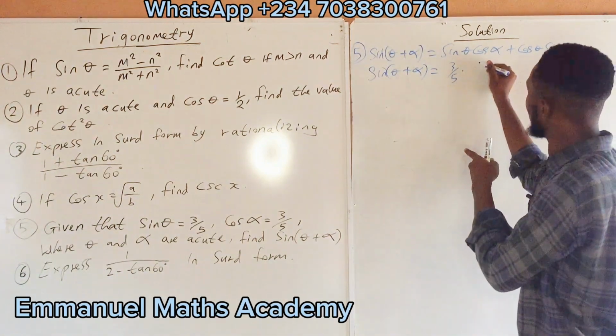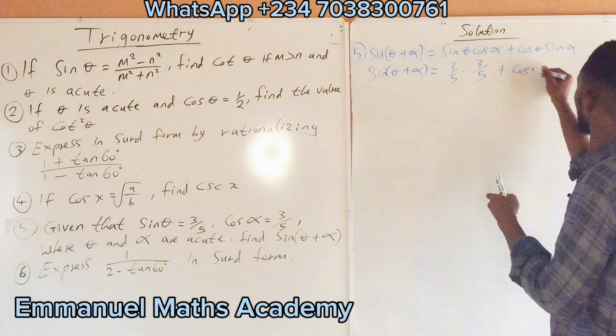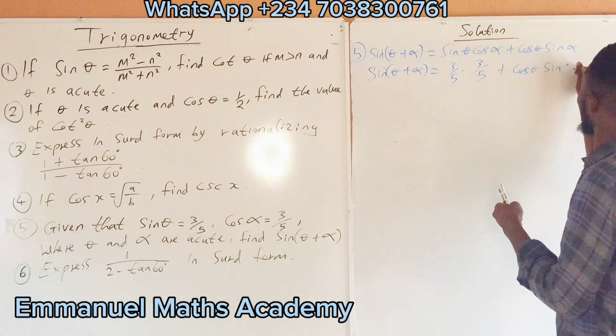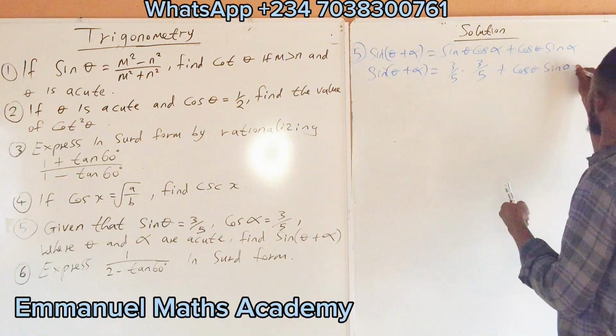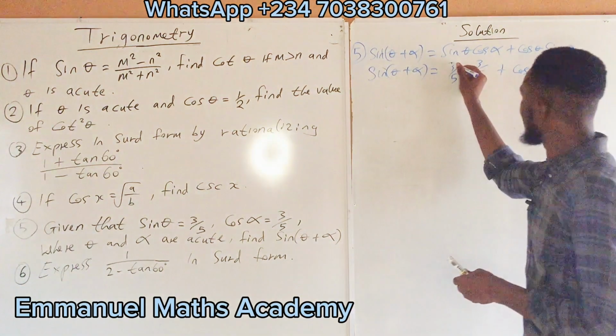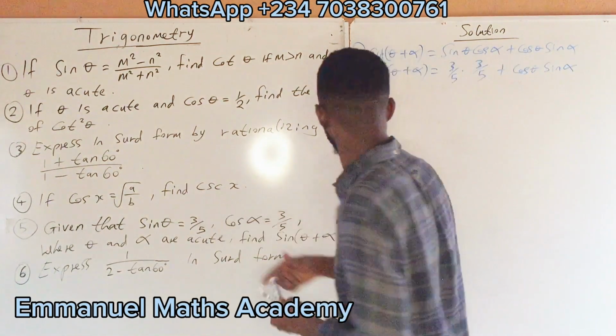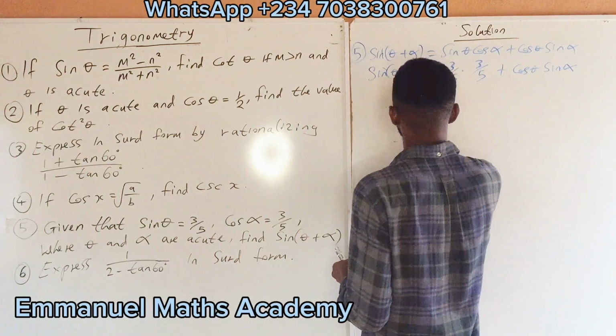Our cos alpha is also 3/5 plus cos theta sine alpha, which is unknown. Is that clear? This is 3, please.